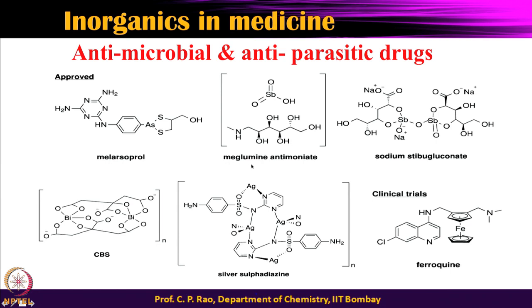So, this is meglumine antimonate. This is the antimony part and this is the other organic part which is bound together, which will form a drug, a complex for the drug.